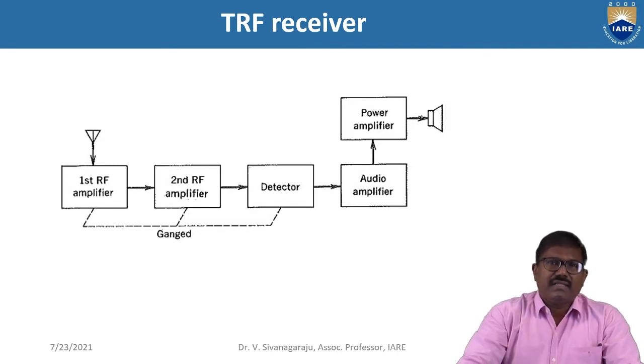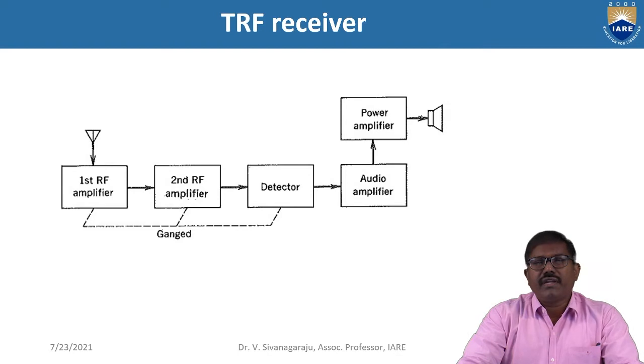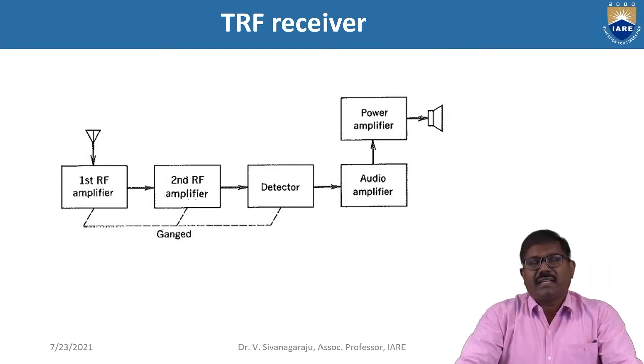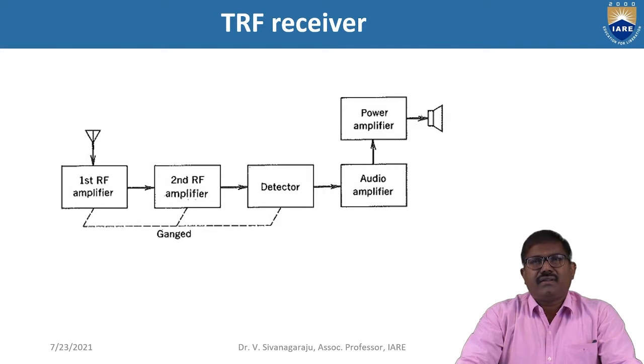How is this happening? We have an RF stage, which tunes the signal, so we select the desired signal. And another one is a detector. So we have the first RF amplifier, the second RF amplifier, and the detector.